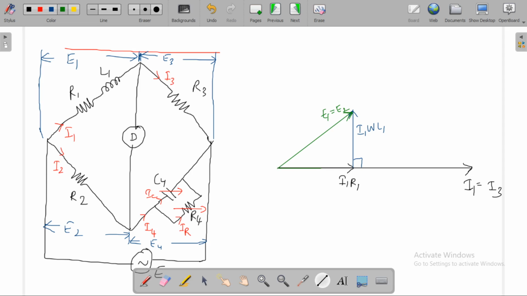So this will be E3, which is equal to I3 R3, which is equal to E4, the voltage across this, which is equal to IR R4, equal to IC by omega C4.